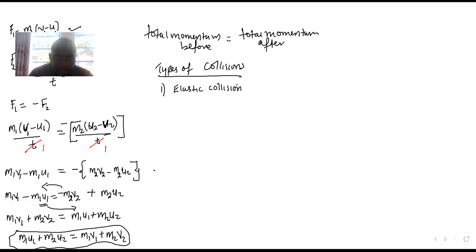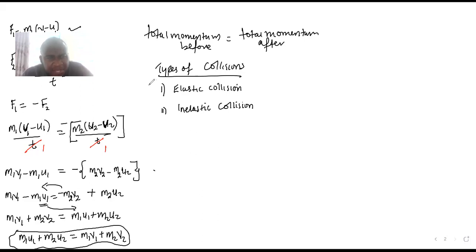Where is our man? Is our man present? Cynthia, give me one type of collision. Inelastic collision. Inelastic collision. Thank you.